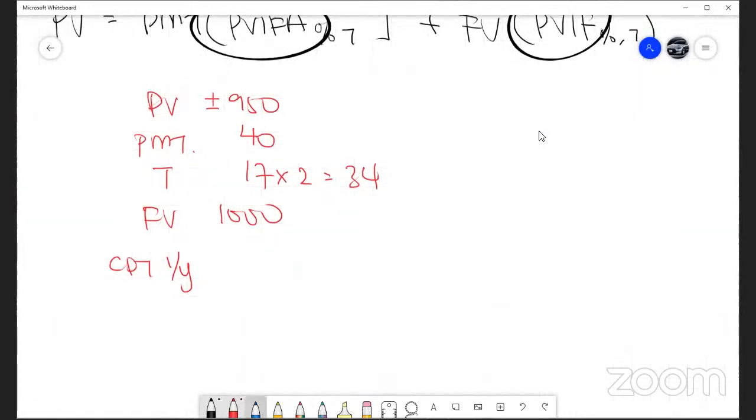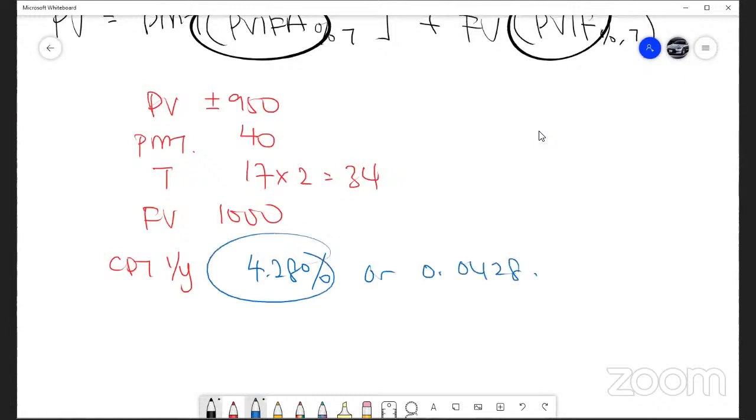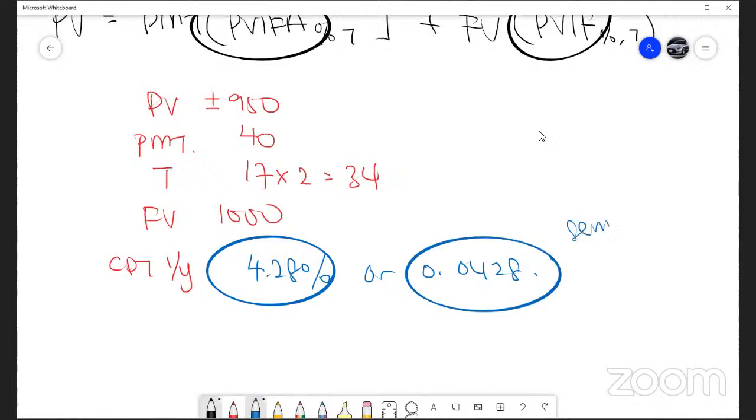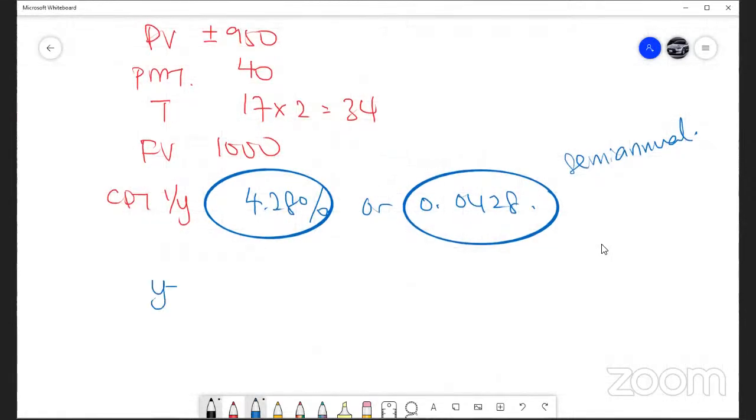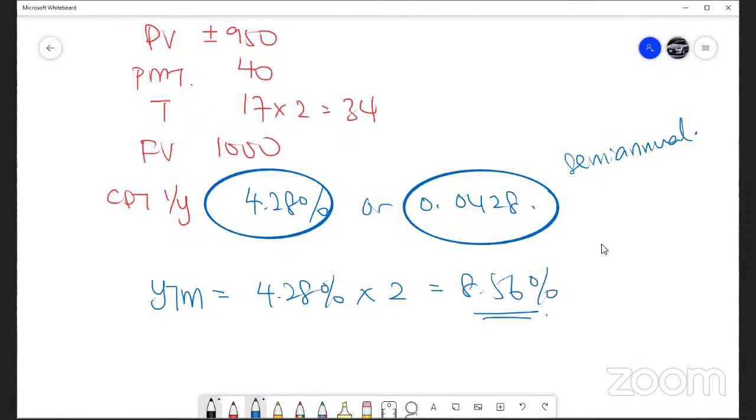So your IY given to you is 4.28%, or 0.0428. But keep in mind, this is for semi-annual. You want to find annual, so your yield to maturity is 4.28% multiplied by 2, which gives you 8.56.